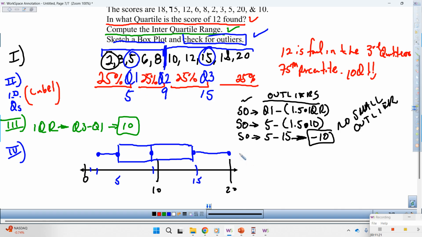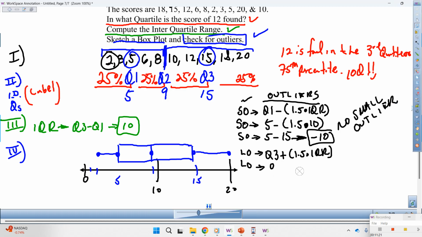Let's go to the what? Large outlier. And that is what? Q3 plus 1.5 times IQR. Large outlier is Q3 was, sorry, let me substitute here. Q3 was what? 15, right? It's right here.